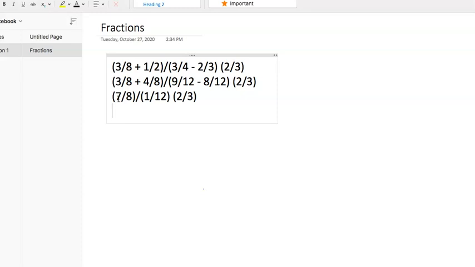Again, we have to flip that 1/12 to become 12/1, and then we multiply it. So now we're going to have 7/8 times 12/1 times 2/3. When we go 7/8 times 12/1, that gives us 84/8.